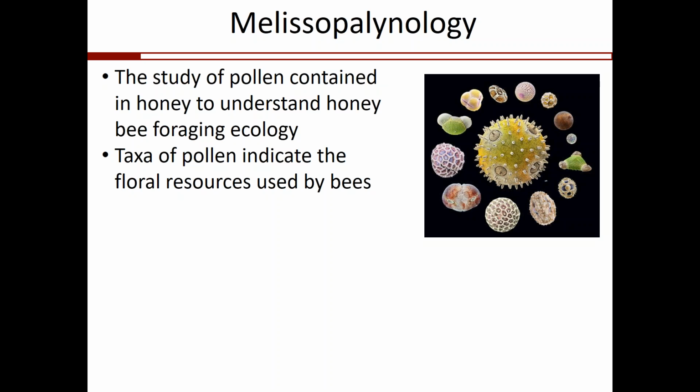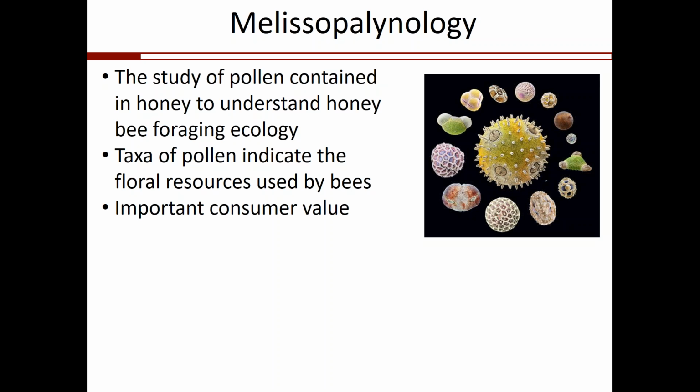So you're kind of playing forensics here, tracing everything back to where it was coming from. And we can do this because each individual species of plant will produce a pollen grain unique to their species. So that's why we can trace it back to the particular plant.